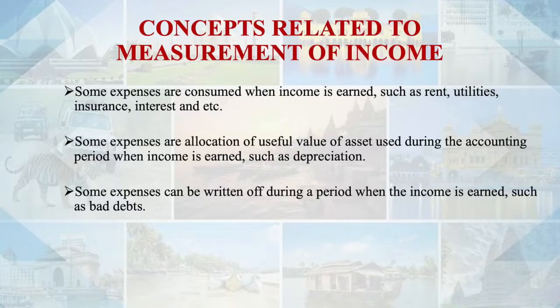So you will have to consider that loss or expense as a part of your profit and loss account statement, and it has to be recorded. So these are certain categories of expenses which we have to consider when we are preparing the profit and loss account statement, and we have to apply the matching concept.